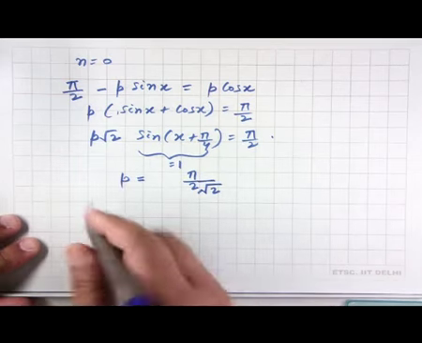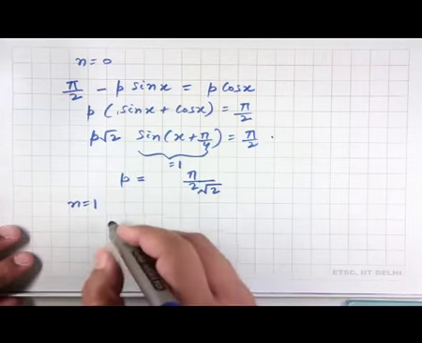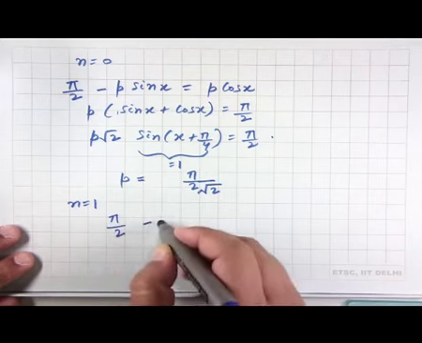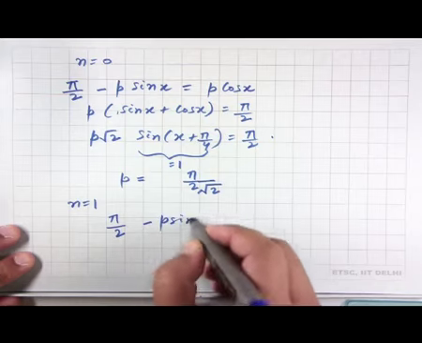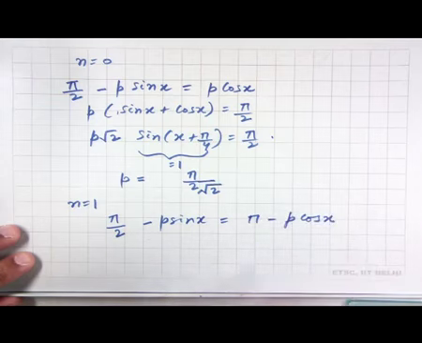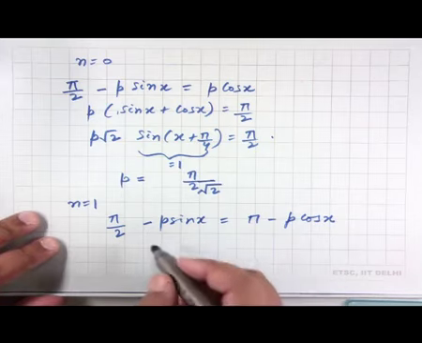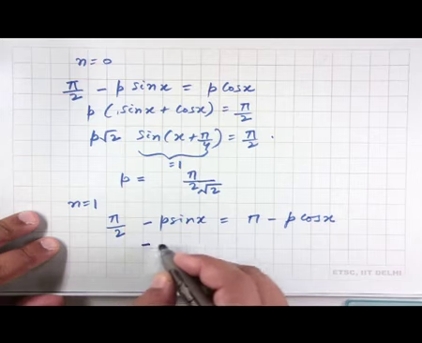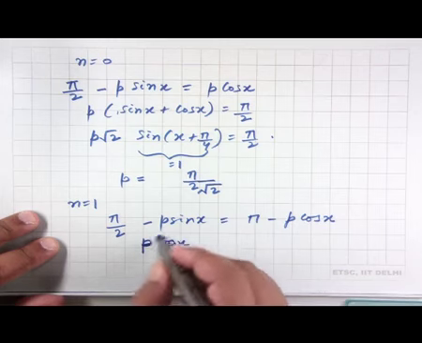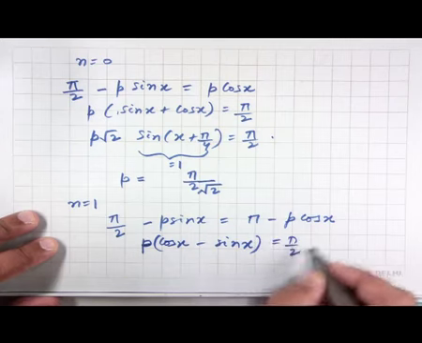We can try with n equal to 1. If we put n equal to 1, then we end up getting pi by 2 minus p sin x equals pi minus p cos x. If we rearrange this, then what we end up getting is that p times cos x minus sin x is equal to pi over 2.